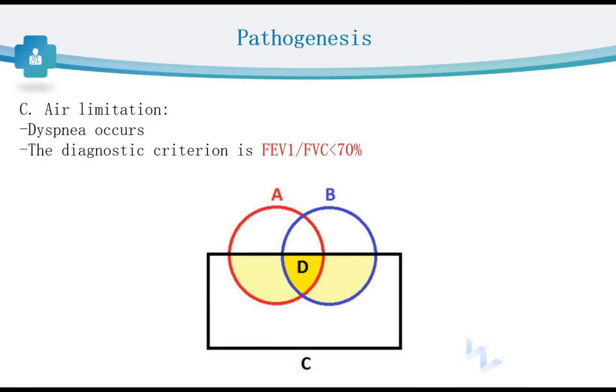If the airway limitation becomes more and more severe, the patients are likely to get dyspnea. In this condition, we need a spirometry to confirm the diagnosis of COPD.